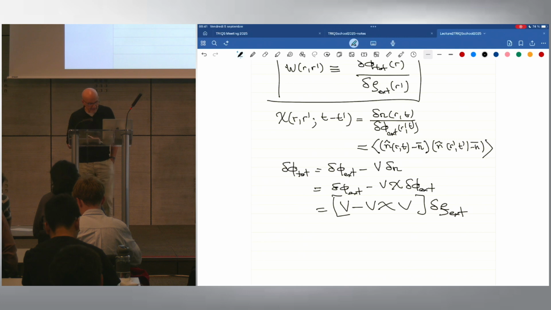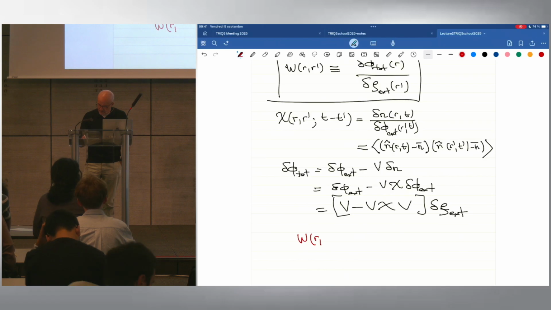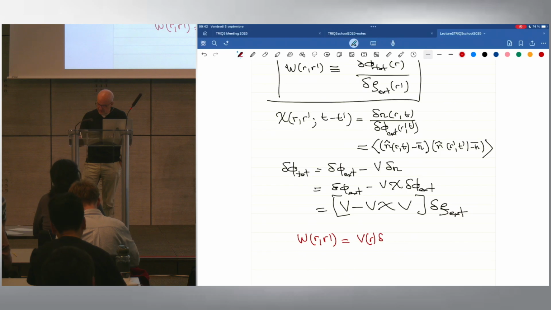And hence, I have derived the following exact equations, that W of R prime, going back to the bare Coulomb interaction, is V of R, delta of R minus R prime, minus V of R chi of R prime times V of R prime.